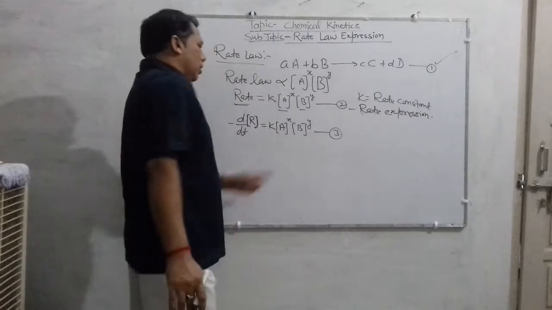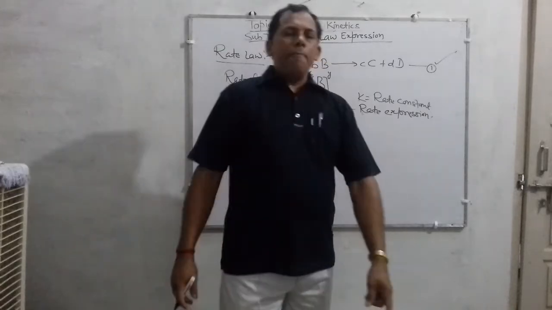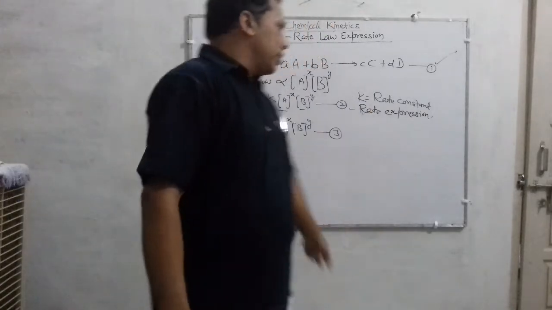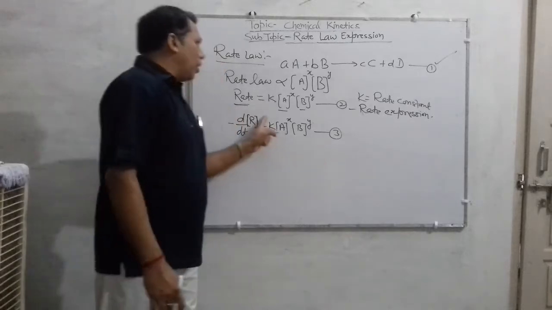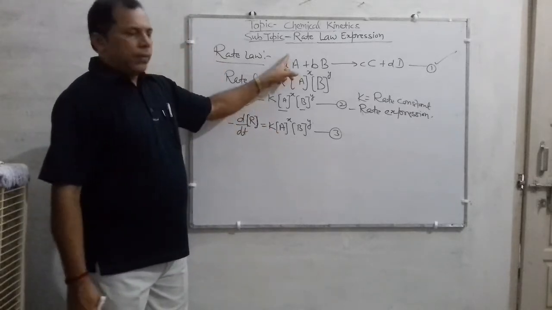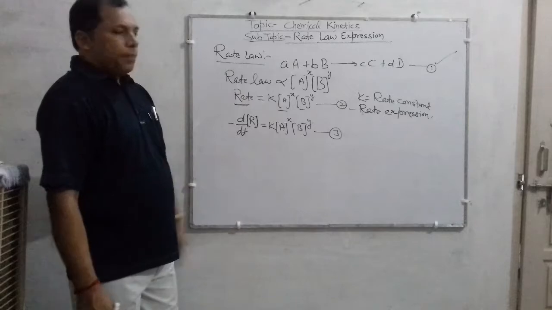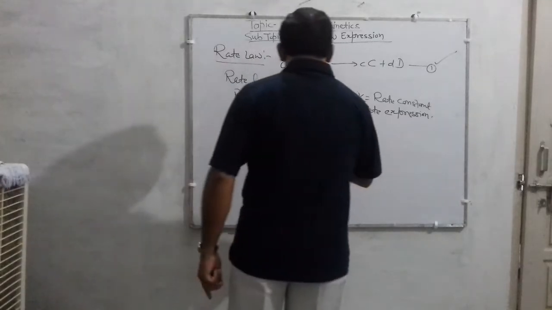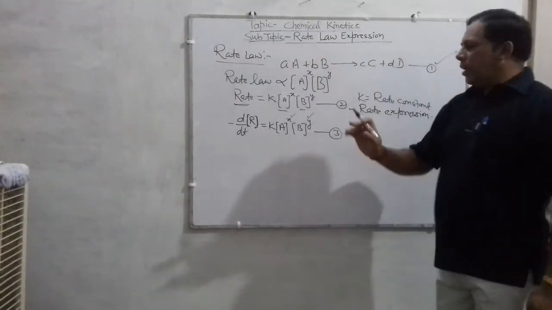So children, equation 3 is called the differential rate equation or differential rate law for this very reaction, in which the exponents x and y, listen sincerely, may or may not be equal to the stoichiometric coefficients of reactants. This point is very crucial.